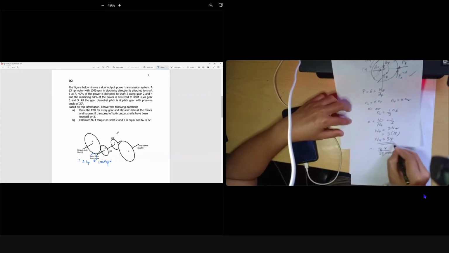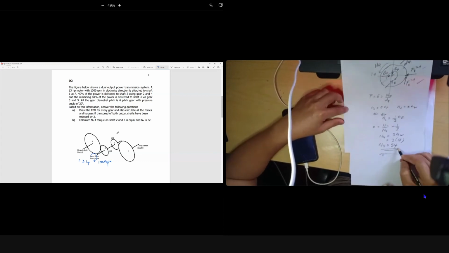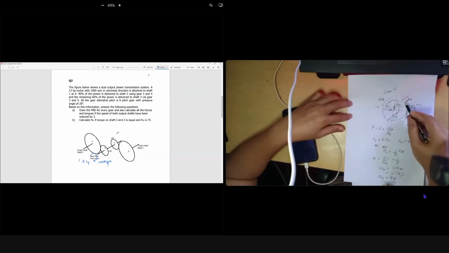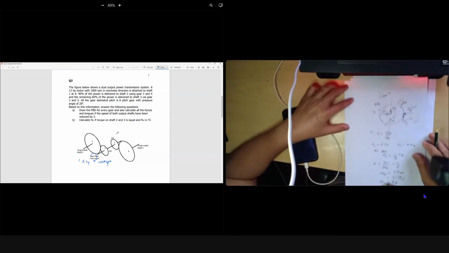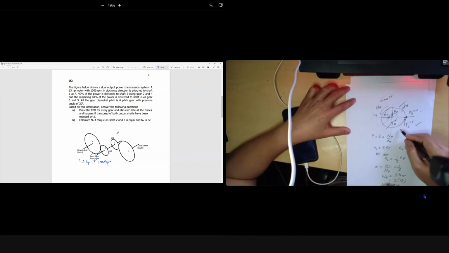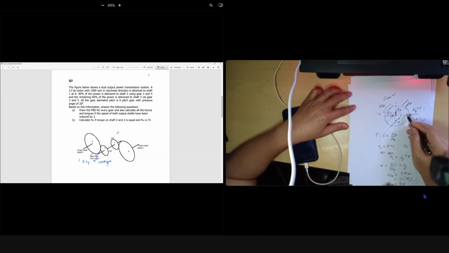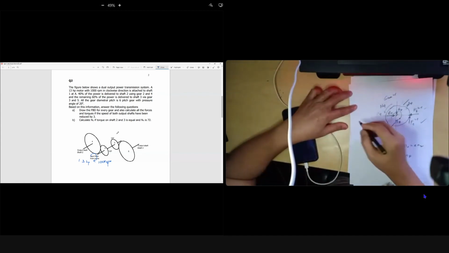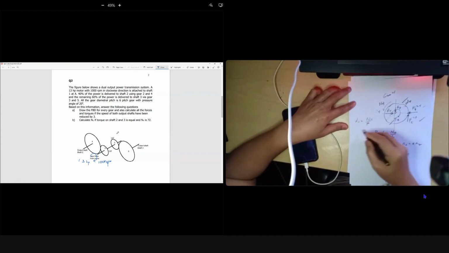Clear or not? If you know your N4, of course you can get your diameter 4. Because we know the pitch, we can calculate our torque. Torque is F tangent times diameter. Diameter 4 is N4 over diametral pitch, so diameter 4 is 54 over 6.